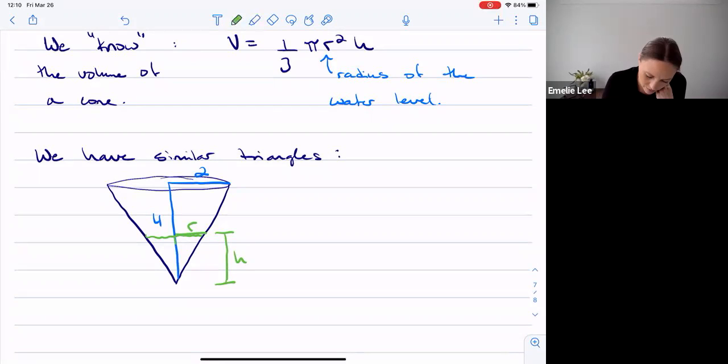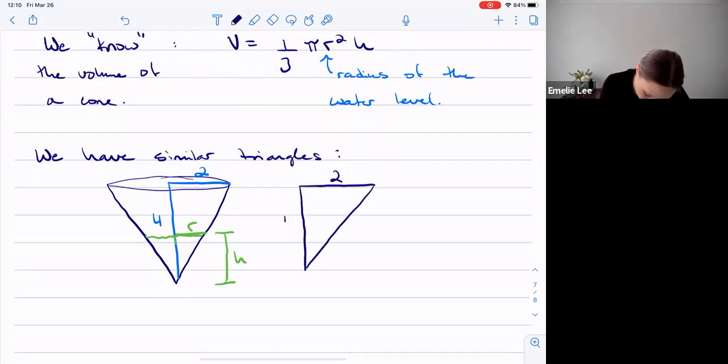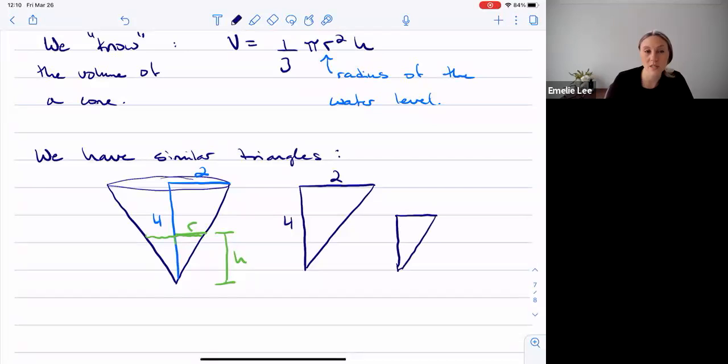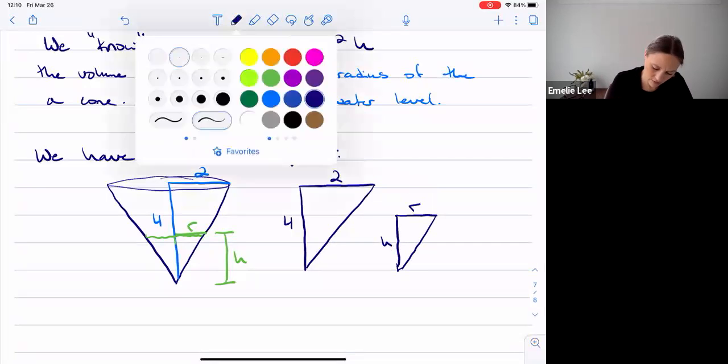So notice that we could rewrite these similar triangles because I know that if I have a larger triangle here with 2 and 4, and then I have this smaller triangle with the same idea, right? I have r and h, right? I see that 2 is going to be to r as 4 is to h. Okay.